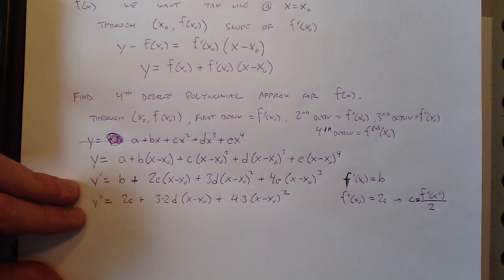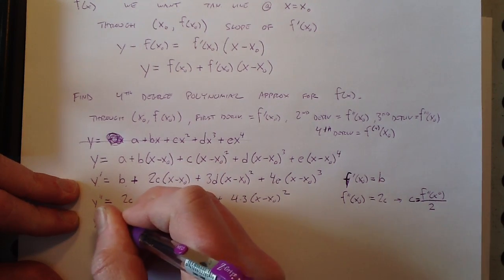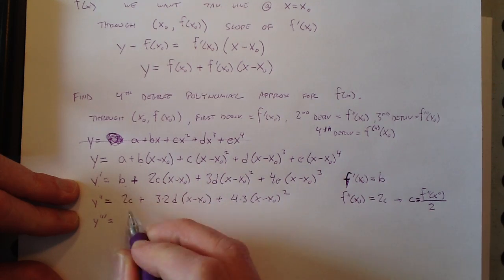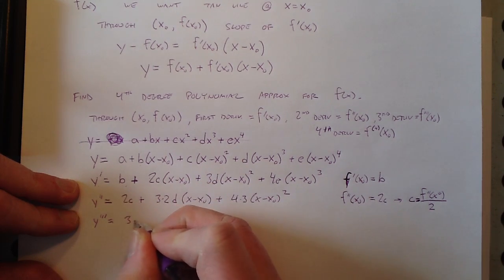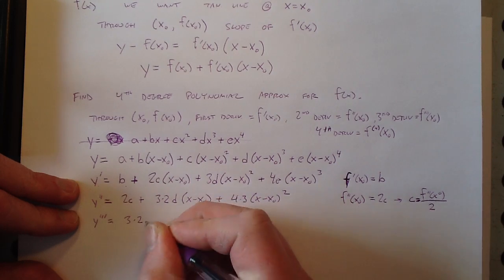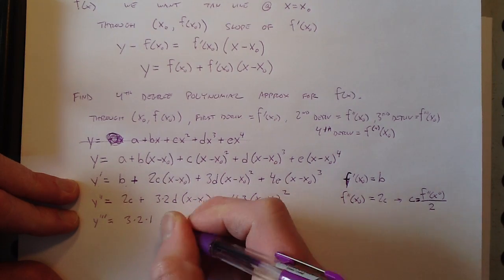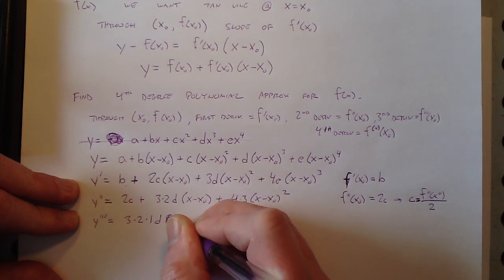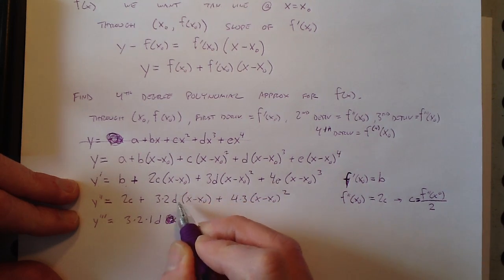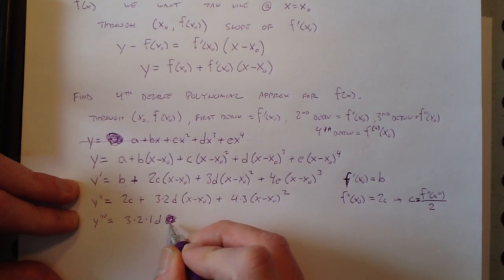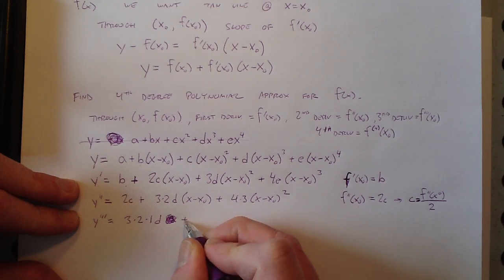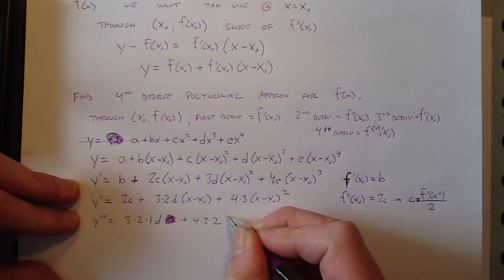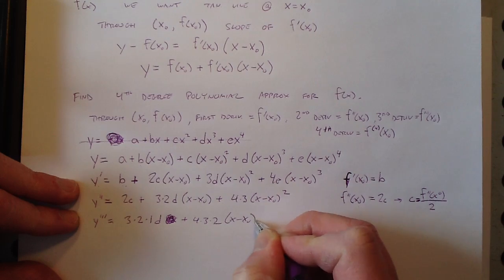Third derivative is equal to, that goes away, it's just a constant. 3 times 2, it's almost like a 1 comes out there if you want. Write it like that. There's x, that's gone now, right? This is just a constant. So 3 times 2 times 1 times d plus 4 times 3 times the 2 comes out now, and x minus x sub 0.